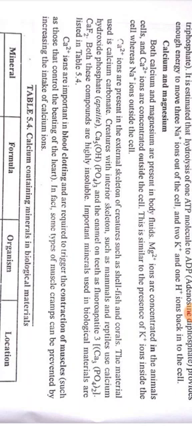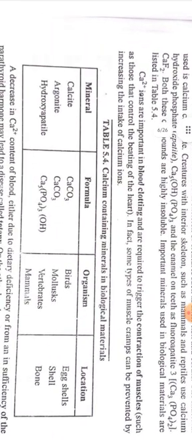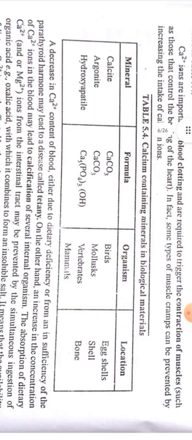In fact, some types of muscle cramps can be prevented by increasing the intake of calcium ion. Table 5.4, calcium-containing minerals in biological materials. Mineral: calcite, formula CaCO3. Organism: birds. Location: eggshell.